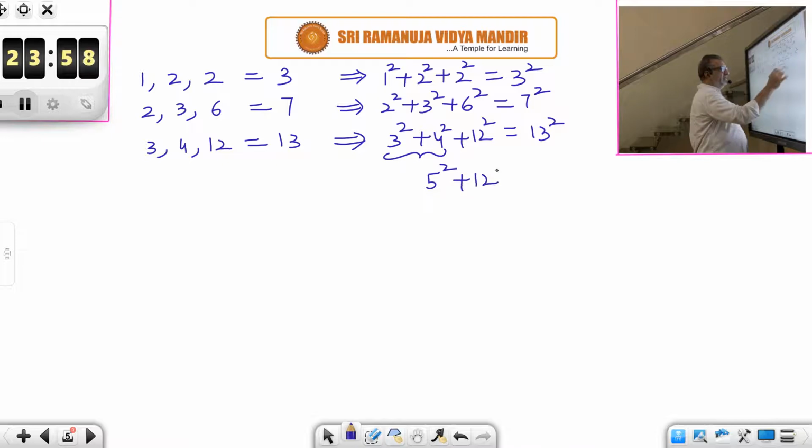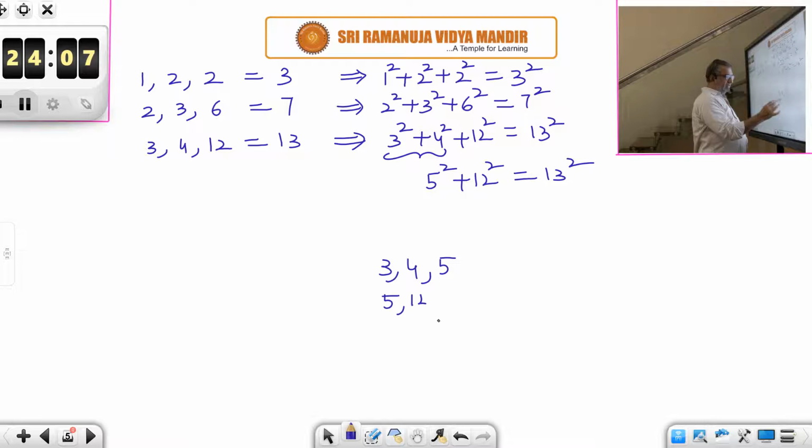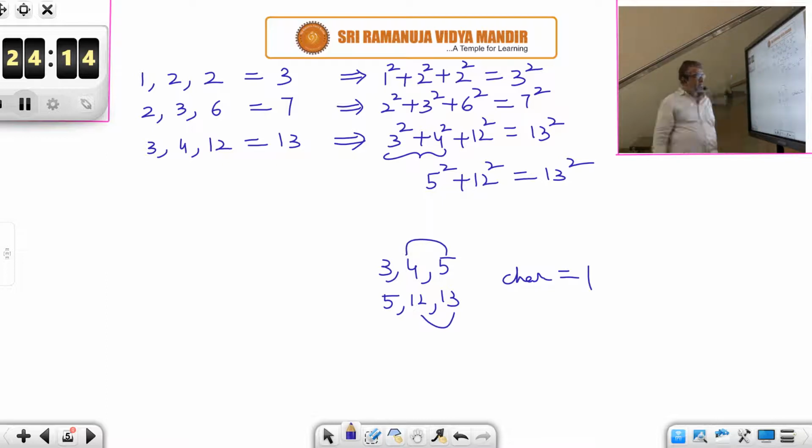And also we know that 5 square plus 12 square is equal to 13 square. This is correct because 3, 4, 5 is a Pythagorean triplet, and 5, 12, 13 is also a Pythagorean triplet with the characteristic 1. This minus this, 1. So 3, 4, 5, 5, 12, 13. 3 square plus 4 square, 5 square. 5 square plus 12 square, 13 square. So this is correct.